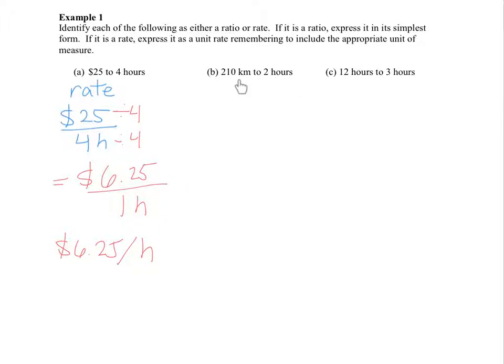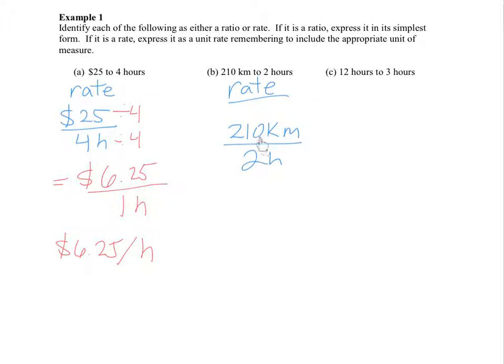Okay? Now, if we go to the next one, we have to again look at the units to determine if it's a rate or a ratio. So we have kilometers and hours. So that is going to be a rate because we have 2 units. Okay. Now, in terms of the unit rate, we had 210 kilometers and 2 hours. So to get it in a unit rate, we divide by the unit on the bottom.